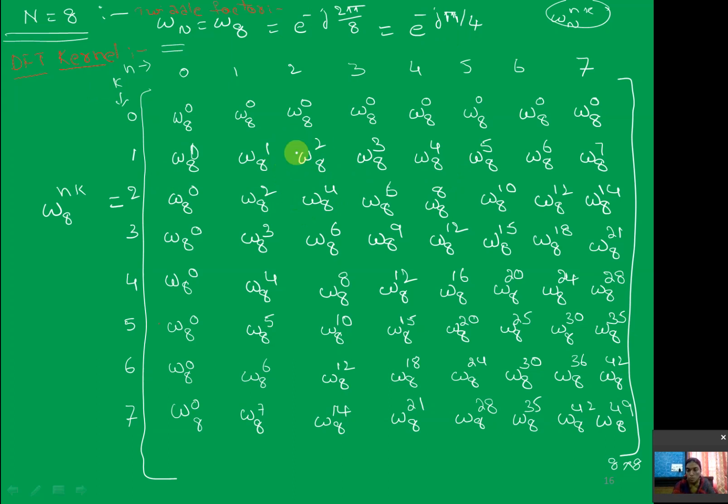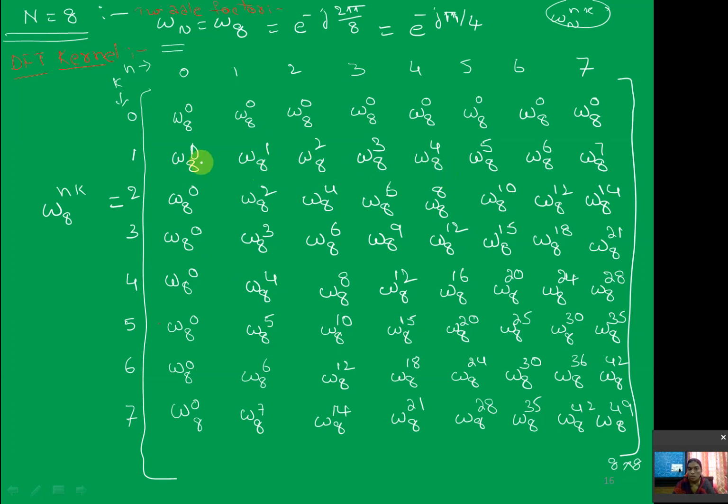So it takes more time. That's why, to reduce that, we use the twiddle factor properties: one is the periodicity property, another one is the symmetry property. Based on these we can simply find W8 power 0, W8 power 1, W8 power 2, W8 power 3, W8 power 4 only.